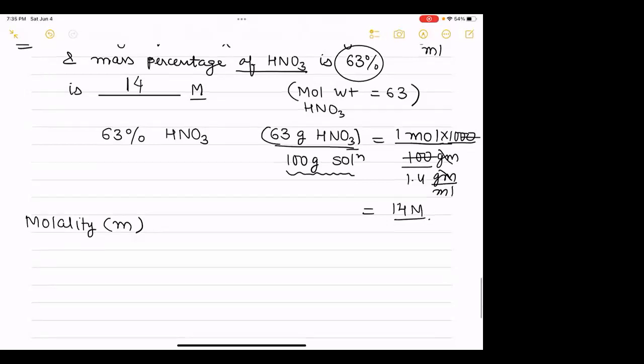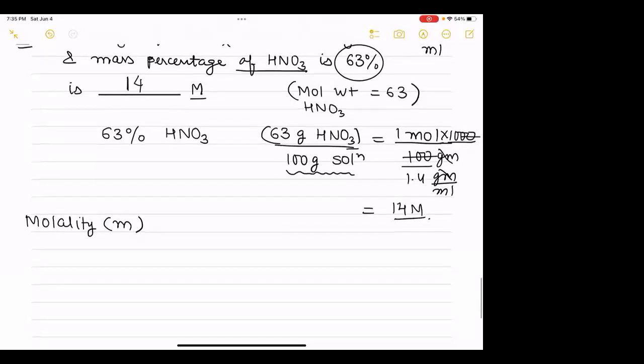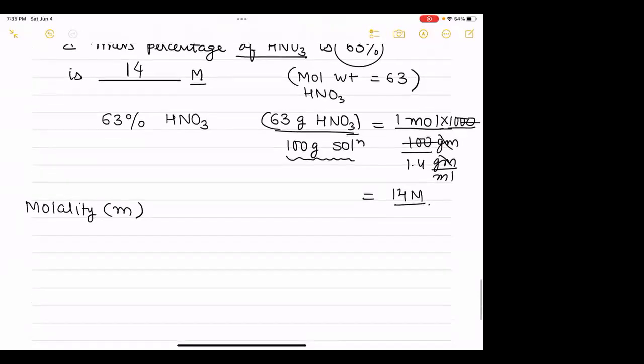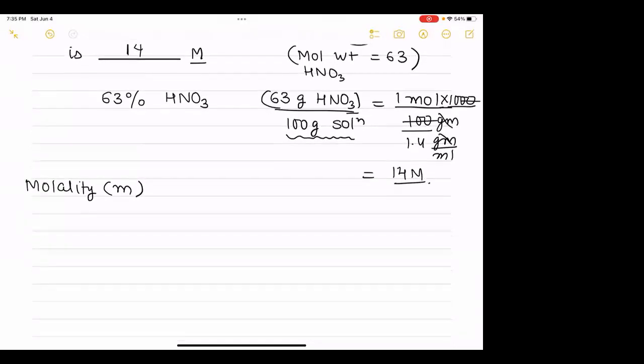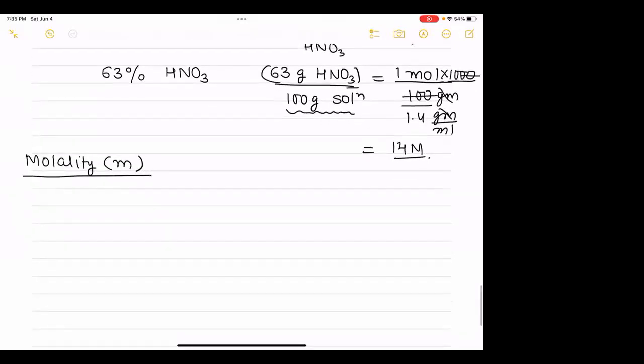So let's do one question, and that can help us to understand better. This is also a JEE question. I'm taking just JEE questions so that you can have an idea and more practice.